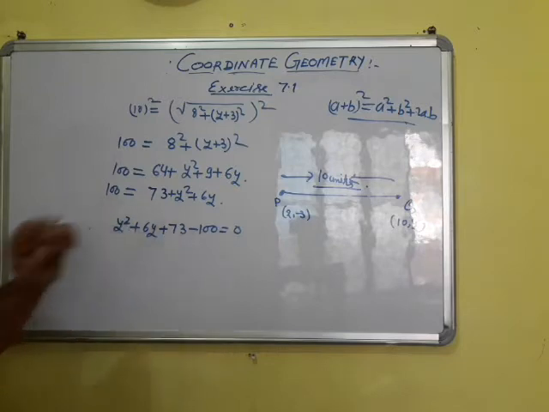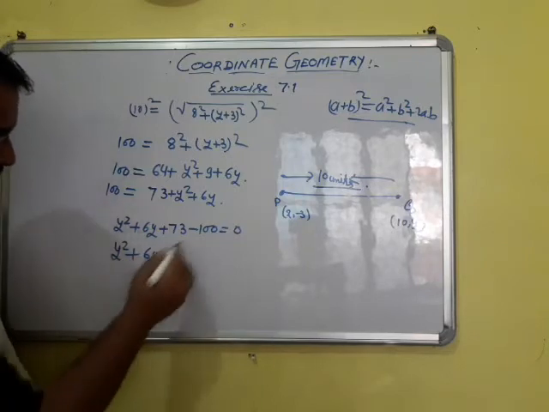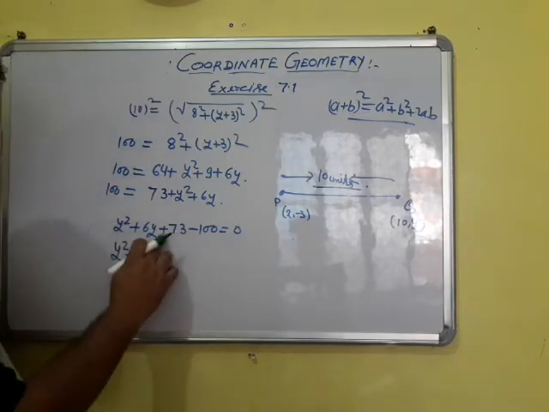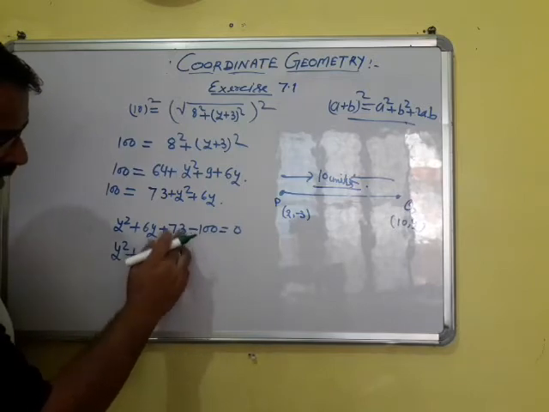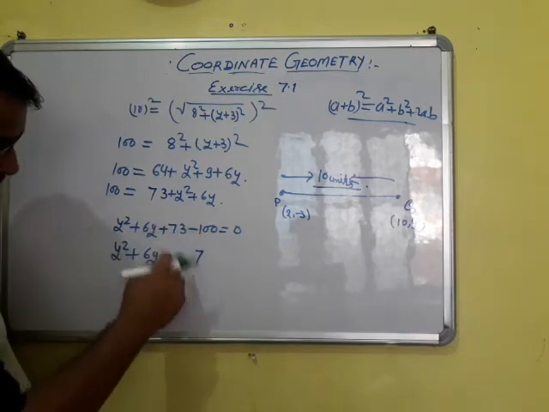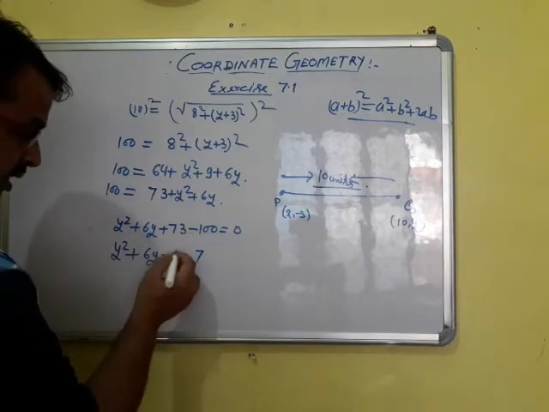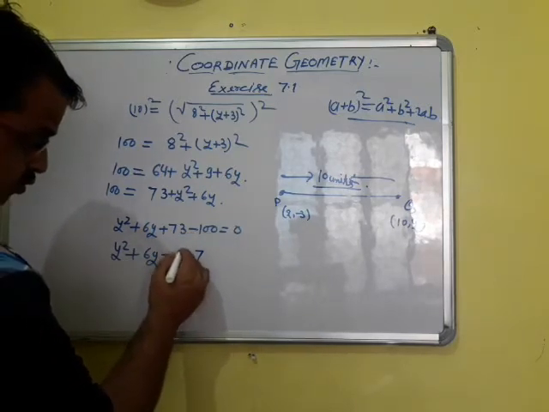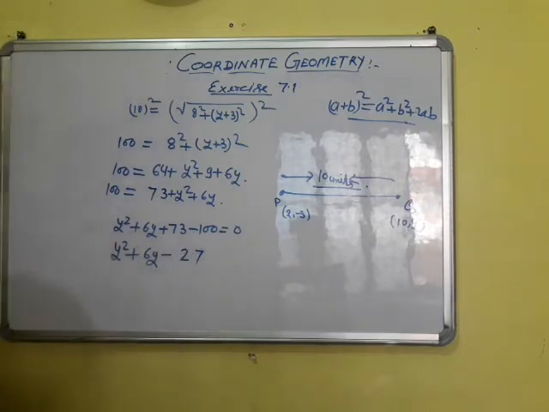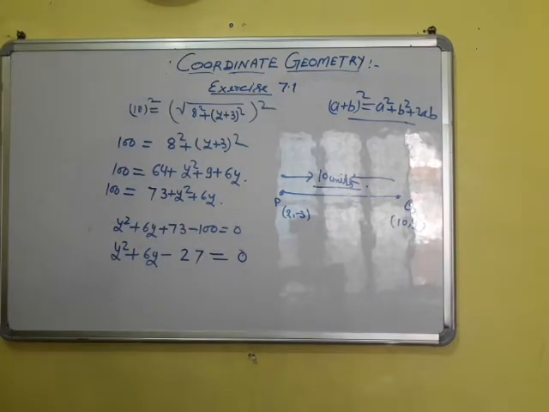With minus 100 and 73, the larger term is 100 so the sign is minus: 100 minus 73 is 27. So we get y square plus 6y minus 27 is equal to 0. Clear? This one is your algebraic equation, and here we use middle term splitting.